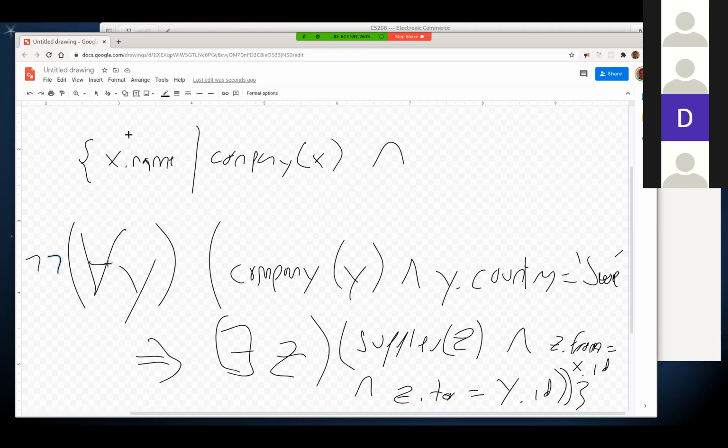If I say not for all P, that is equivalent to there exists not P. Those are equivalent. This is a way you can push this negation through the quantifier.